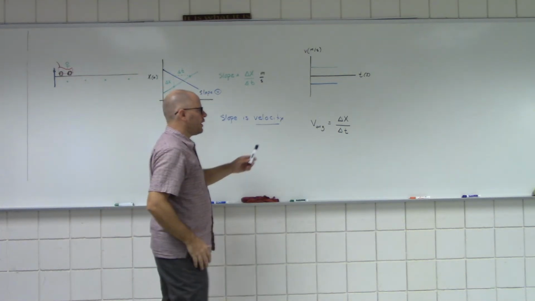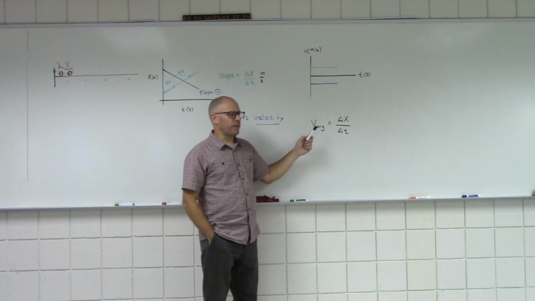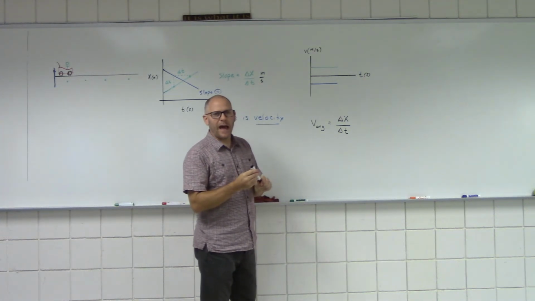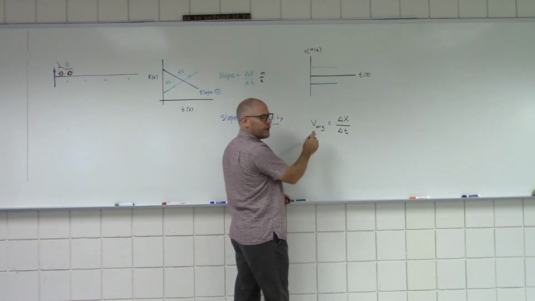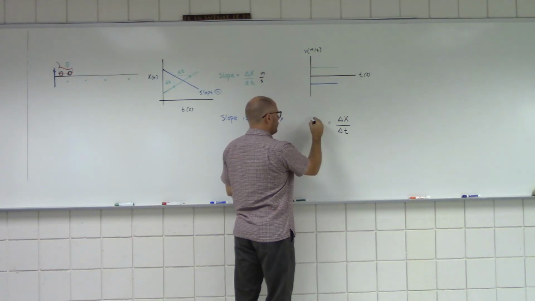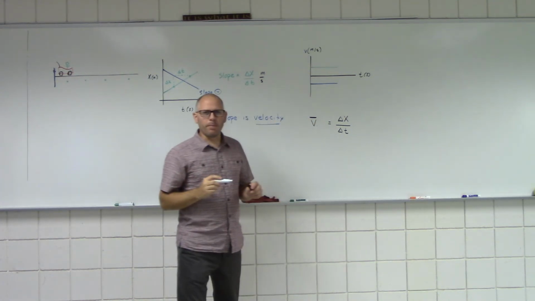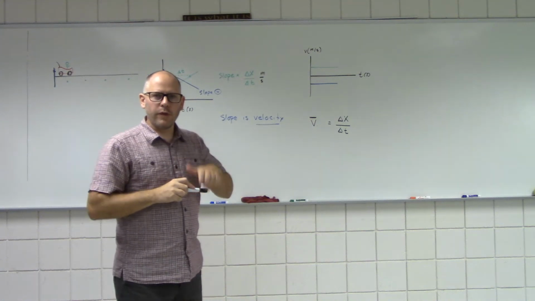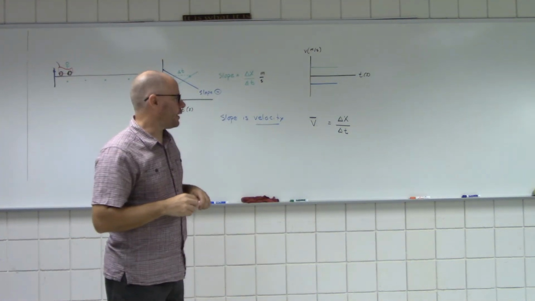Now, what I like about this is this could be negative, which means your velocity is negative. Oftentimes, to show the average, instead of writing average next to it, they'll put a bar on top. So V with the bar on top means average velocity.